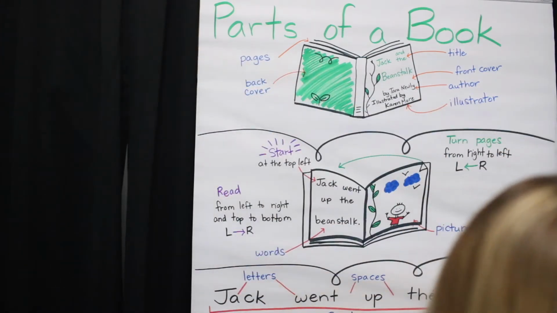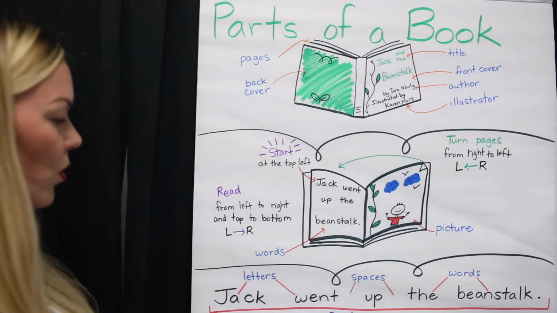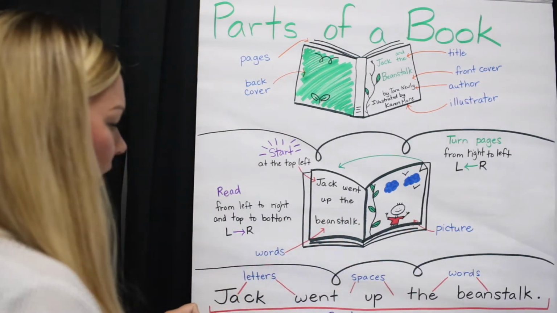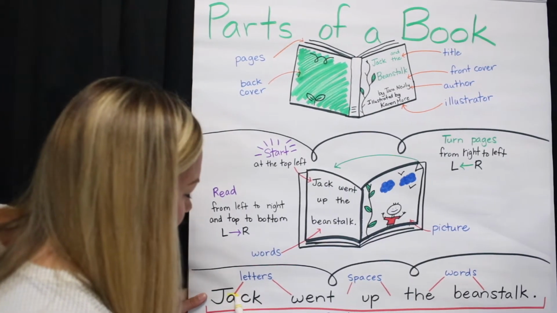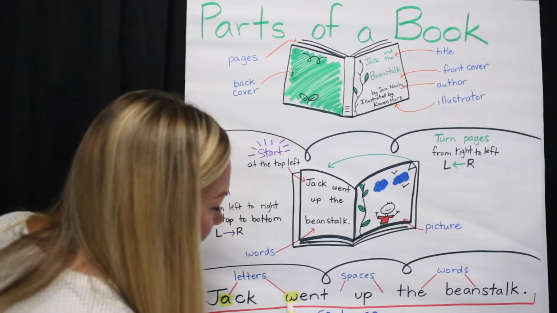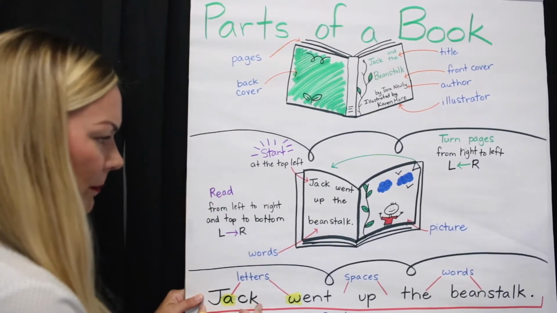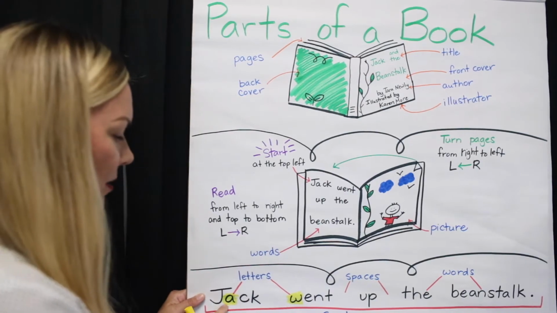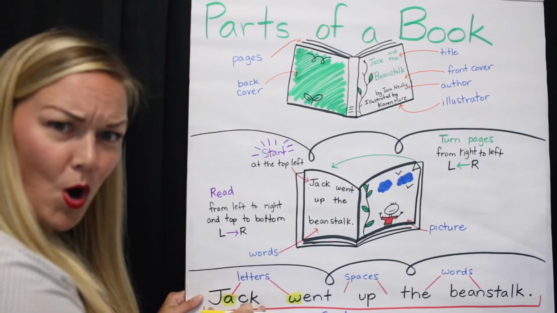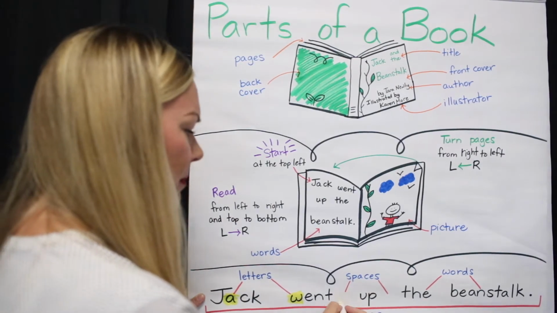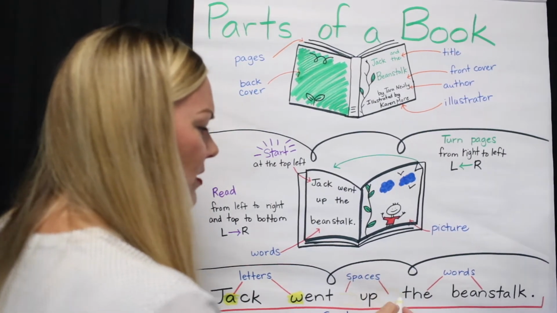Then, guys, I saw all kinds of things going on in this book. The first thing that I noticed about all the letters and words was that there were lots of different things going on. We had letters, like these letters right here, that made up something bigger. They made up words. Letters together make words. Then I noticed there's this area in between each of the words.